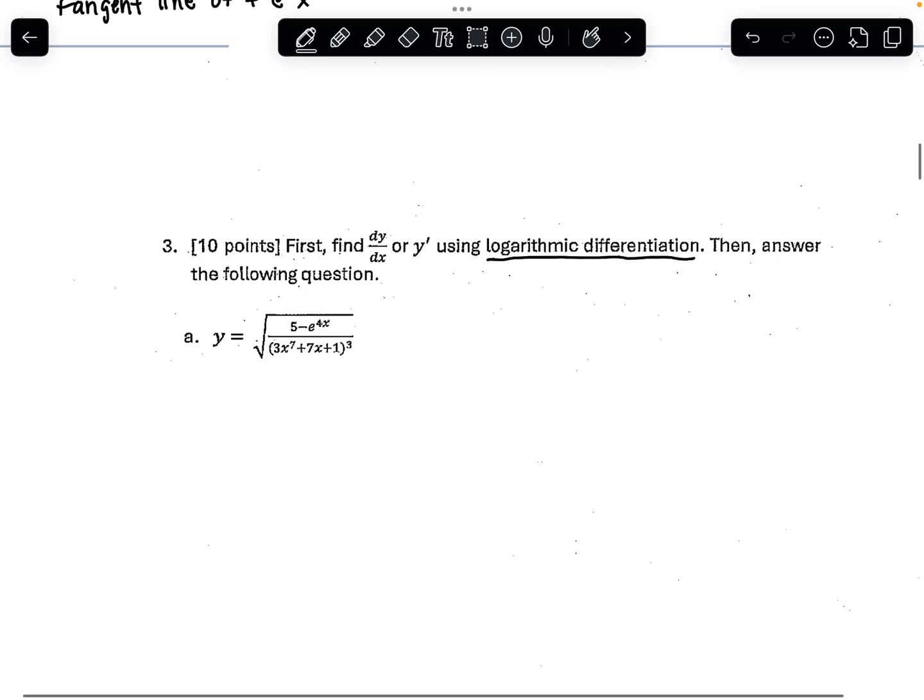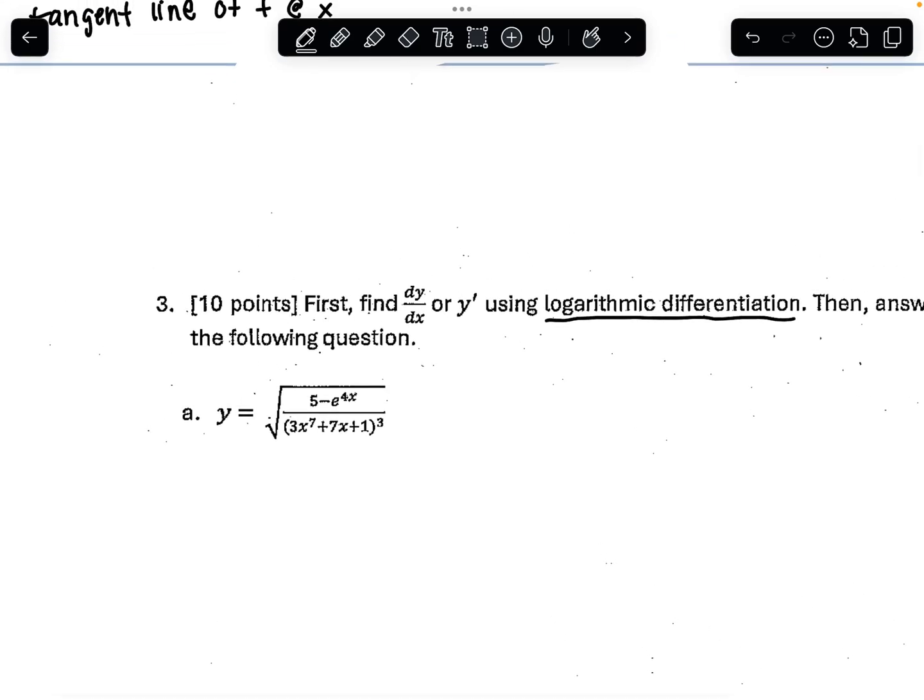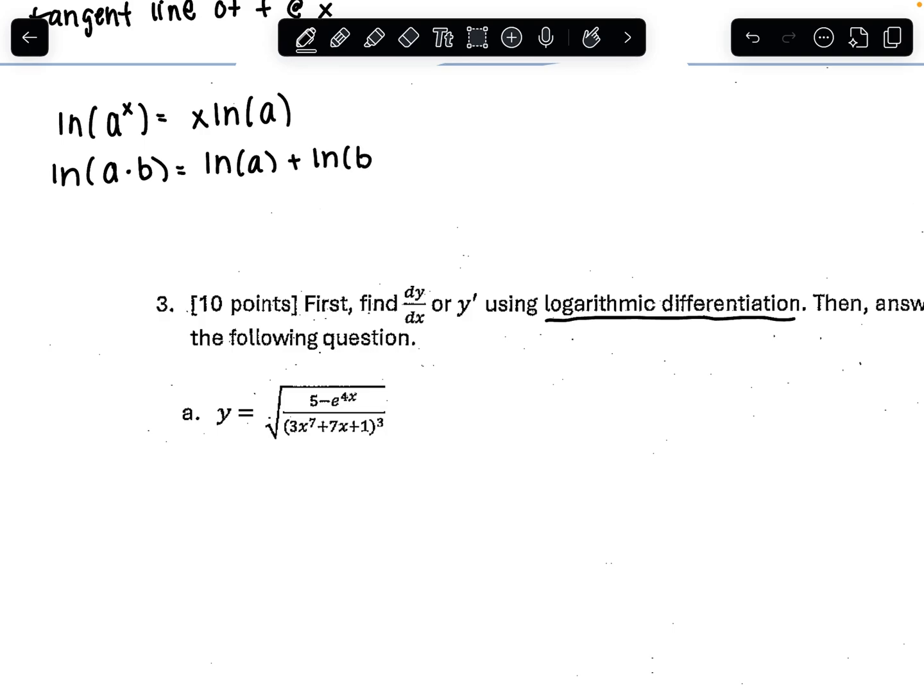A couple things we need in our toolbox to attack a logarithmic differentiation question. First, if I have natural log of a number to an exponent, I'm allowed to bring the exponent out in front, and that doesn't change my expression. If I have two things being multiplied together, I can expand their log to be the sum of those two terms.